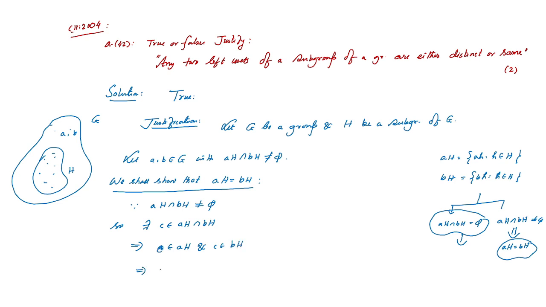From that we can write c equals a h1 and also c equals b h2, for some h1, h2 belongs to H. And from that we can write a equals b h2 h1 inverse and b equals a h1 h2 inverse.